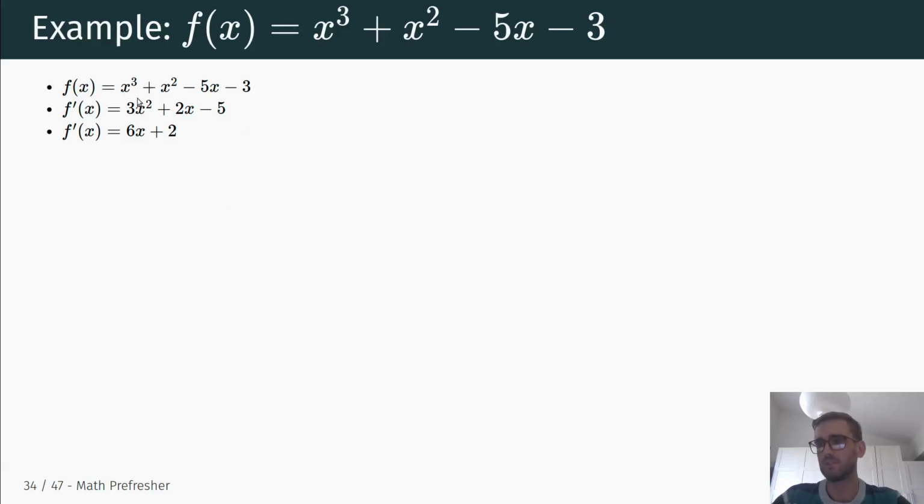Of course we can use the power rule that we reviewed in the previous video, where the first derivative of this function is 3x squared plus 2x minus 5. And then we can also compute the second derivative, f double prime of x, and that's equal to 6x plus 2.